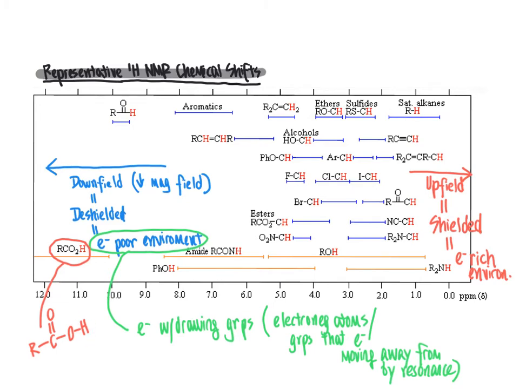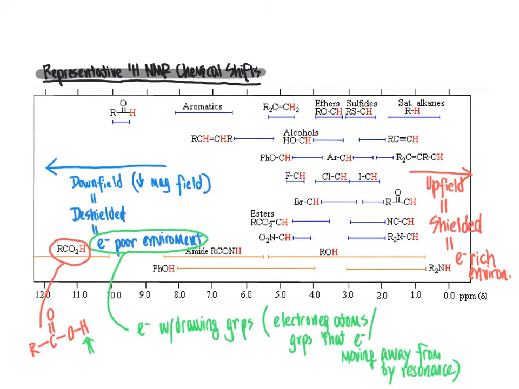And the reason why this proton is so far downfield is that it is directly connected to the rather electronegative oxygen. It's just 3 bonds away from this carbonyl oxygen, which would be electron withdrawing by induction because it is an electronegative atom.